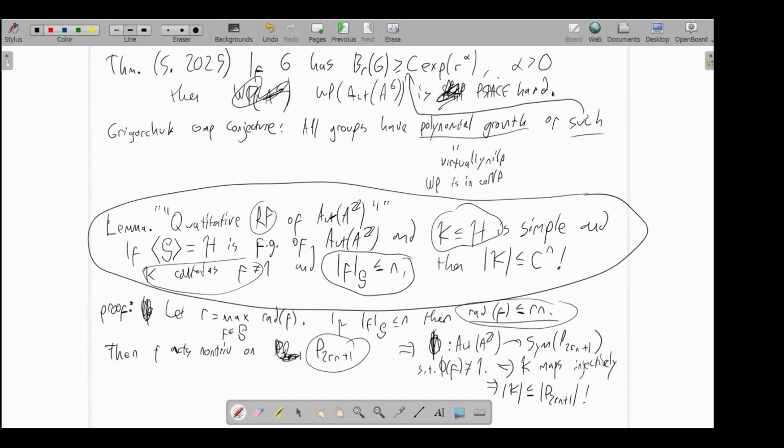So the lemma looks pretty complicated, but the proof is exactly the same as the proof of residual finiteness.